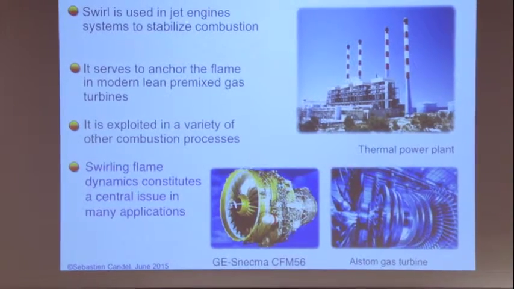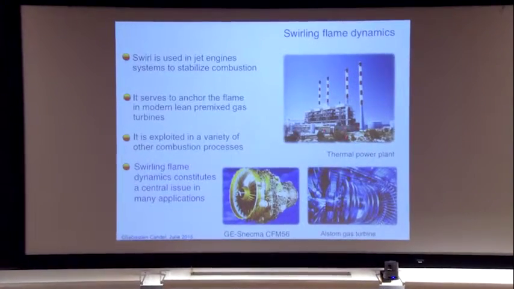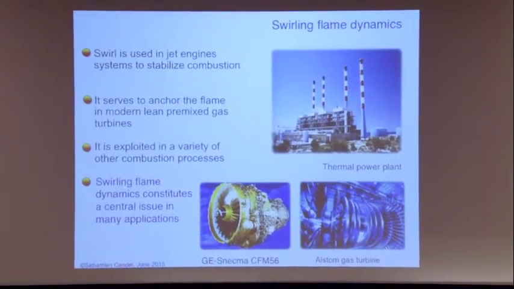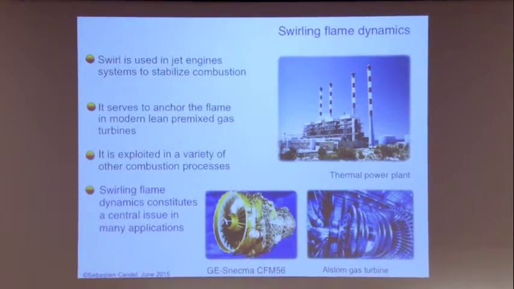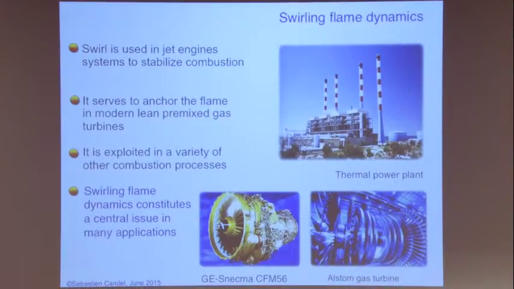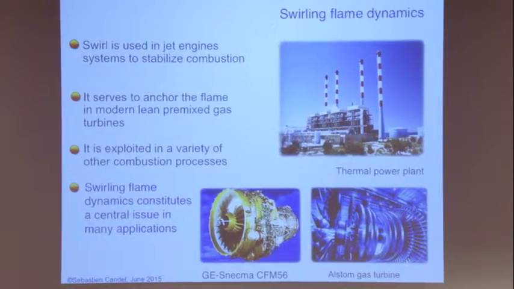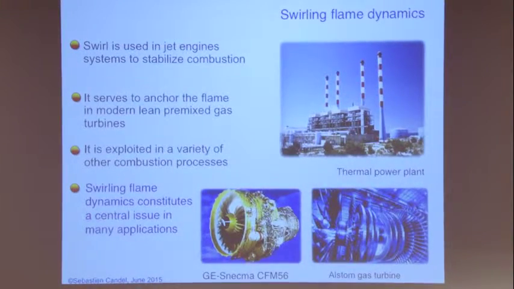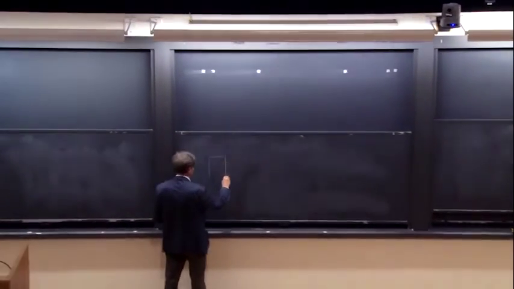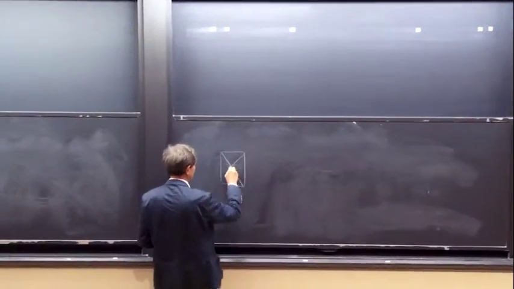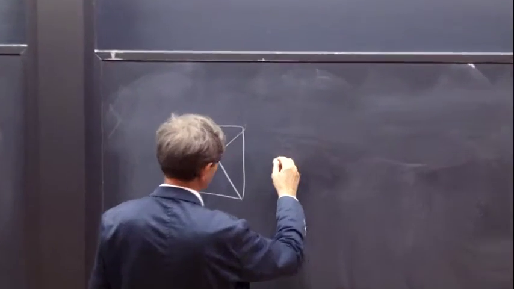In many applications you have swirl. For example, in thermal power plants, combustion is stabilized with swirl. The swirl produces a central recirculation region. Suppose you have a swirler right here, and you exhaust gases.